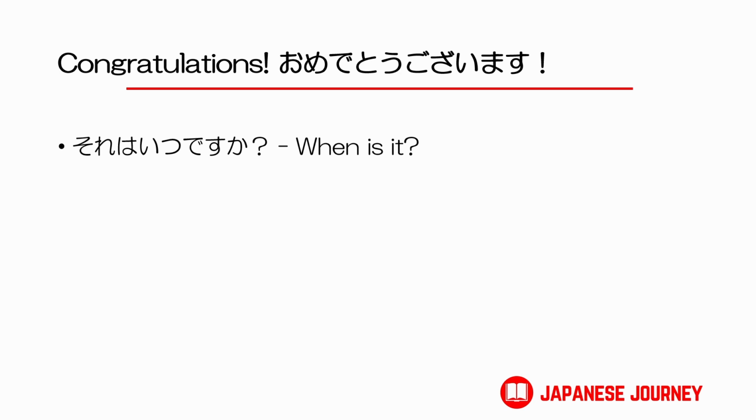You completed それはいつですか lesson. Today, you learned how to ask when questions using the word いつ and you also learned how to explain days in Japanese. Remember to practice what you have learned in your daily life. In the next lesson, we will learn other useful forms for the basic communication.